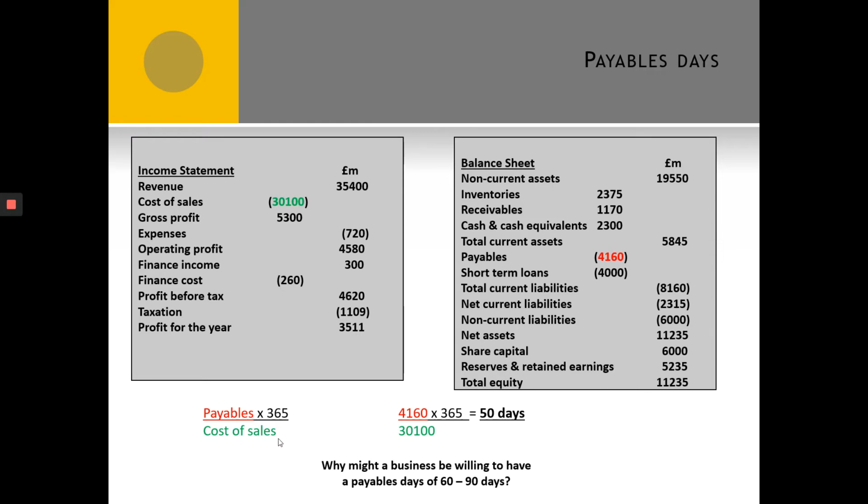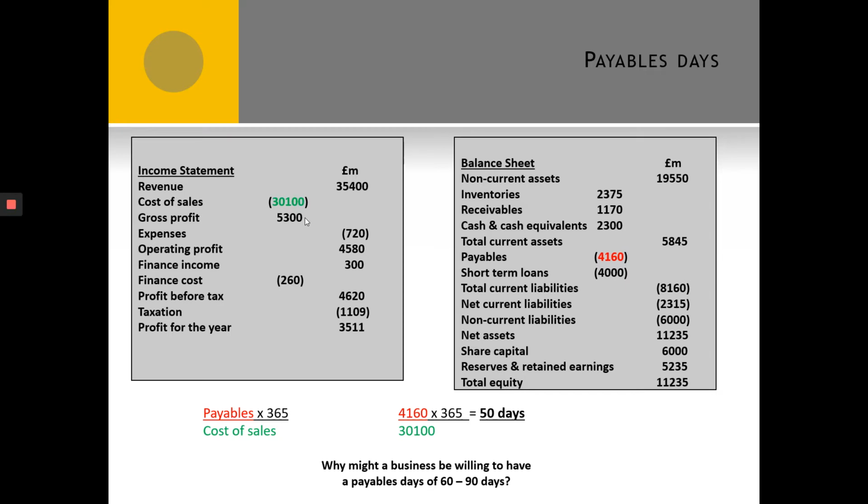We then have our cost of sales, which we get from the income statement, and our cost of sales here is 30,100. Divide payables by cost of sales times by 365, and that gives 50 days. So here, the payable days is 50 days.